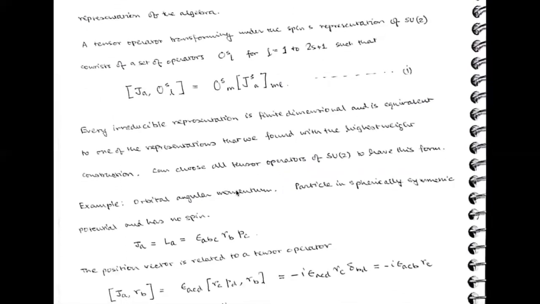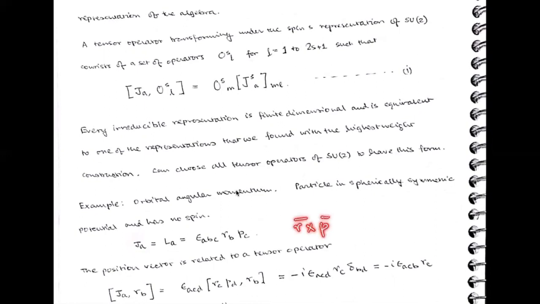Let's look at the example of ordinary orbital angular momentum. We have a particle in a spherically symmetric potential, and suppose this has no spin. So these J's are going to be equal to just the angular momentum, and this is R cross P, right?